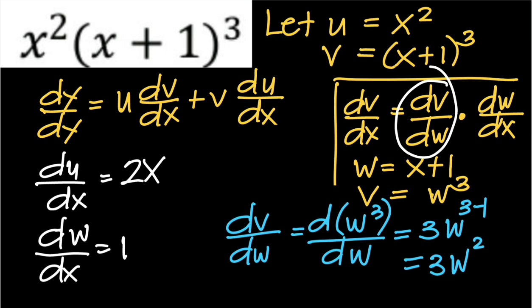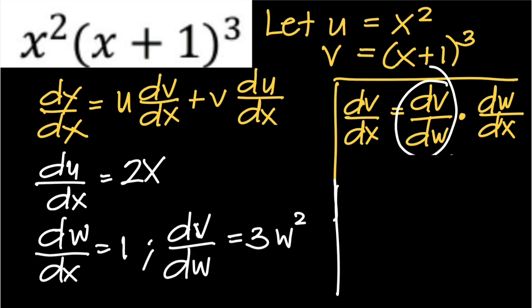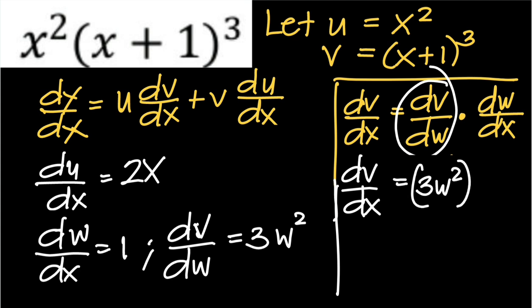Now that we already have both dv over dw and dw over dx, we can find dv over dx. So dv over dx is equal to dv over dw, which is 3w squared, times dw over dx, which is 1. So this is simply equal to 3w squared.